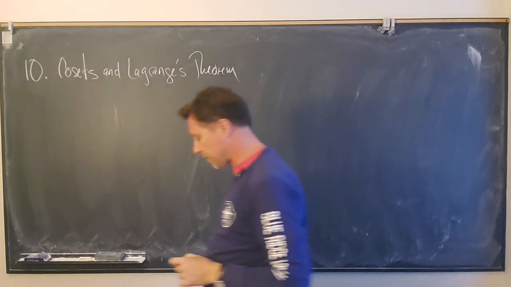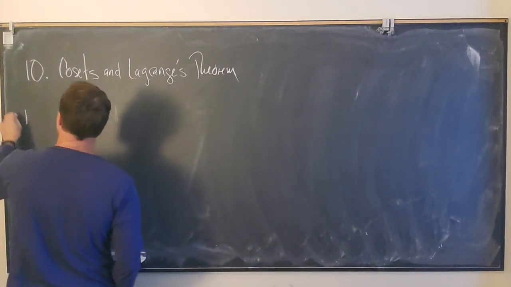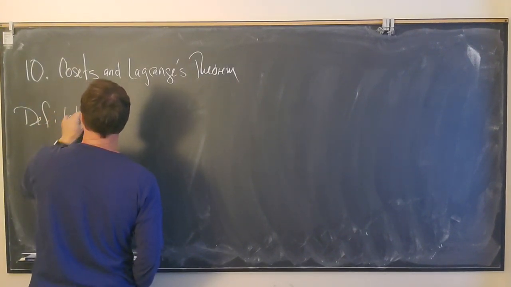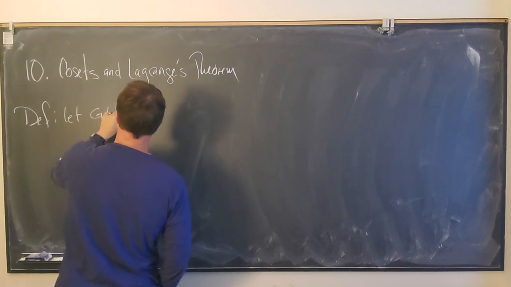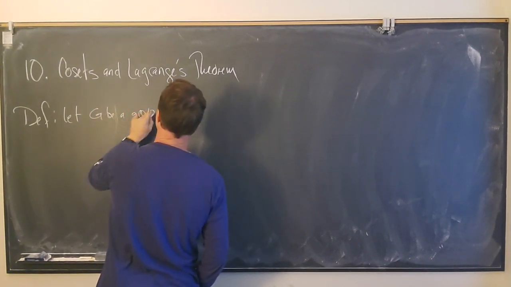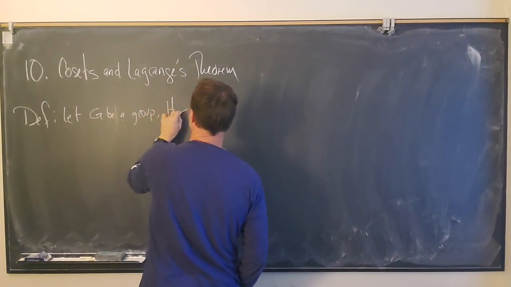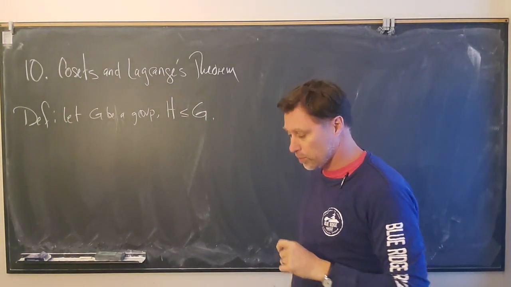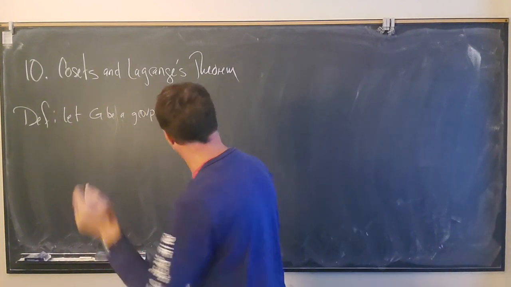So we'll start off with the definition. Let G be a group and H a subgroup of G, right? So we start off with a group and then a subgroup. Oh, and we need an element too.